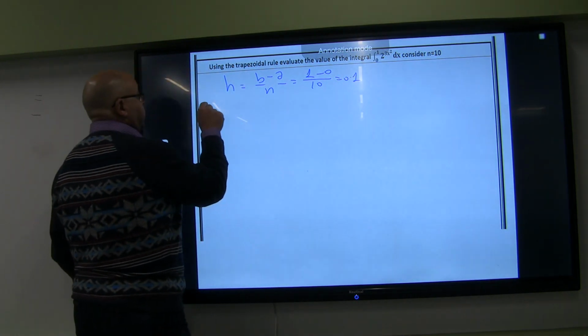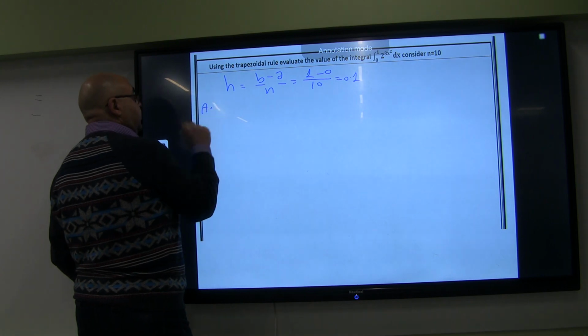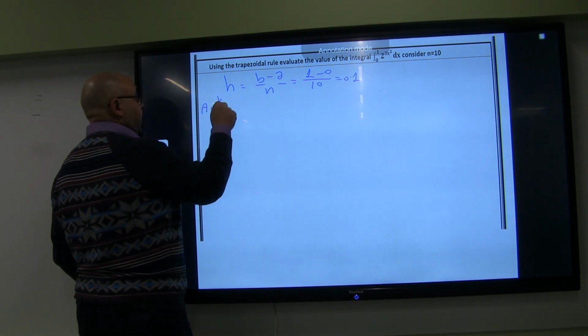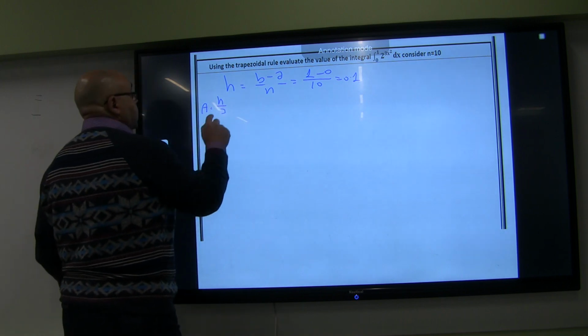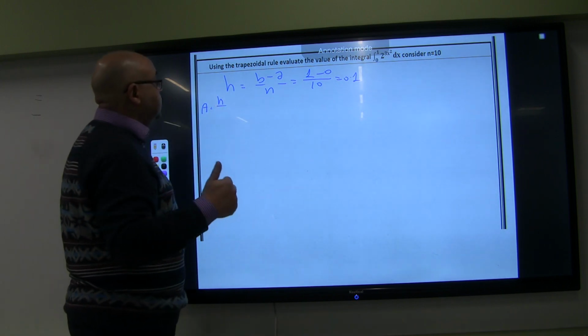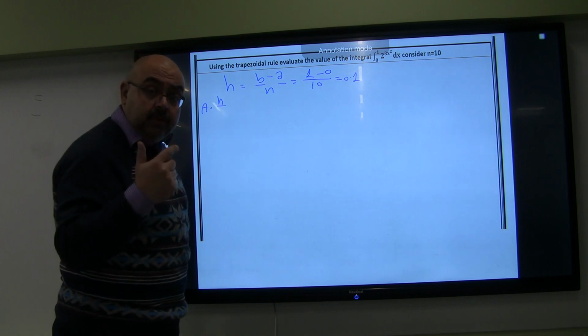Yes, I remember that the value of this integration is going to equal h over 3. Oh, it's trapezoidal, I'm sorry. So you will have to review your trapezoidal and your Simpson rules.